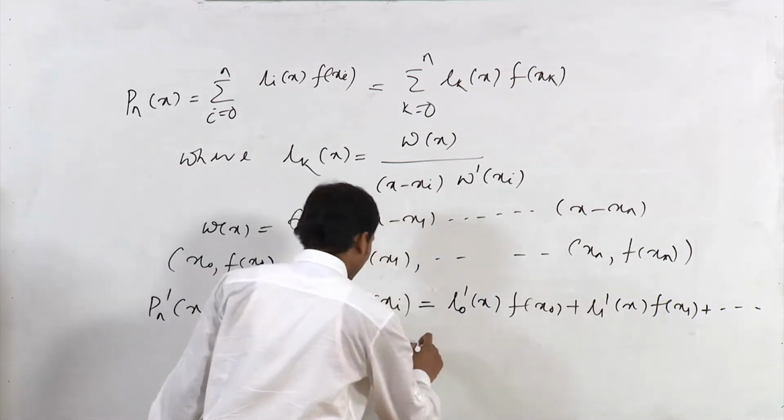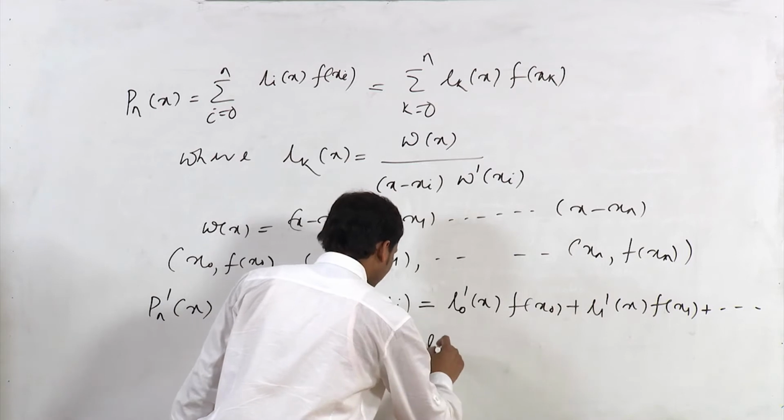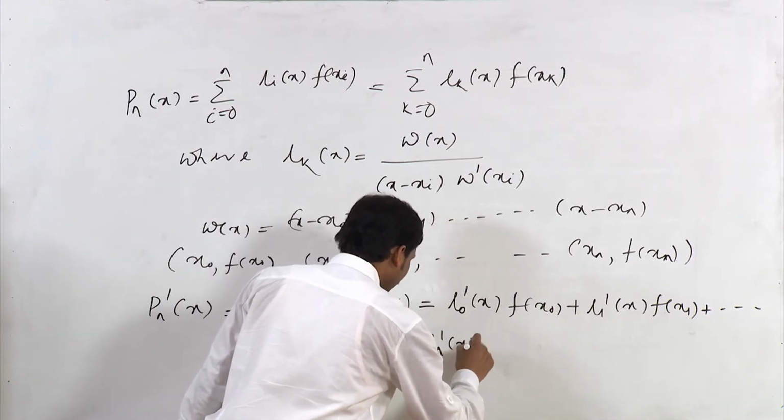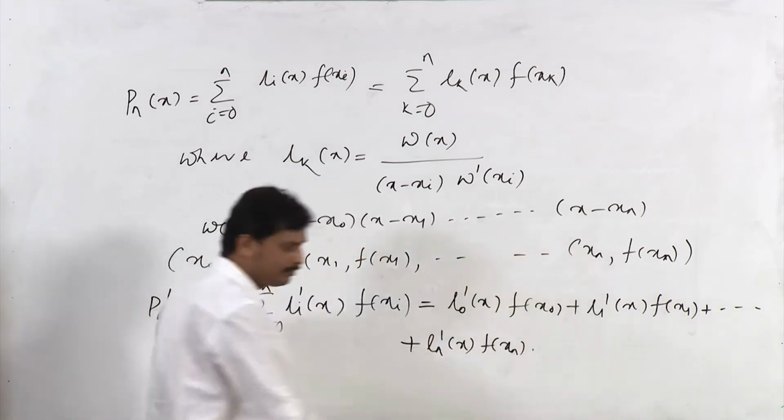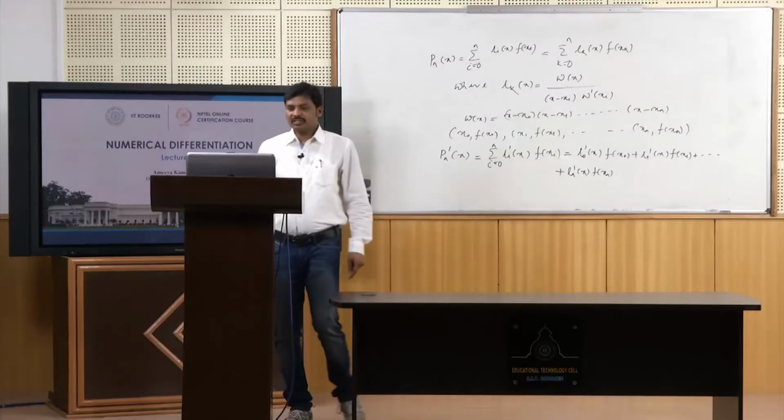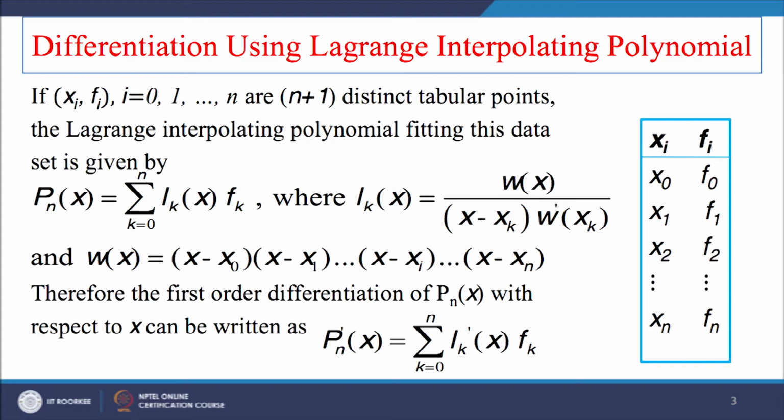Especially, it can be written in the form, since the final point is the nth point, Ln dash x f(xn). So, specifically if you see the slides, xi are the values expressed at all of these node points, that is x0, x1 to xn, and the functional values are expressed as f(x0), f(x1) to f(xn) here.